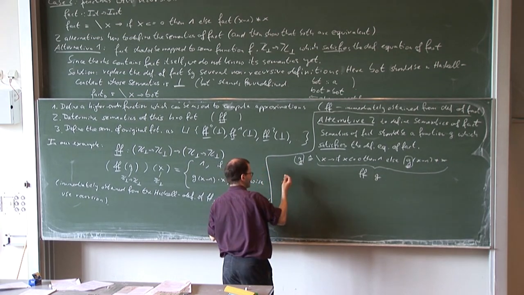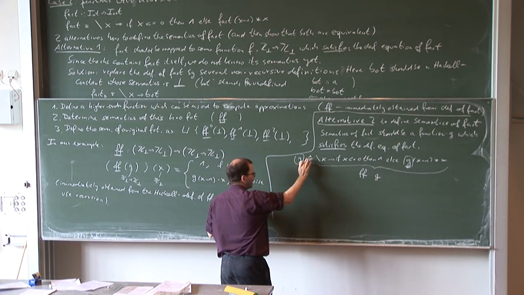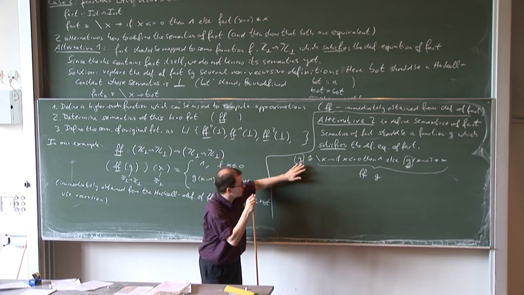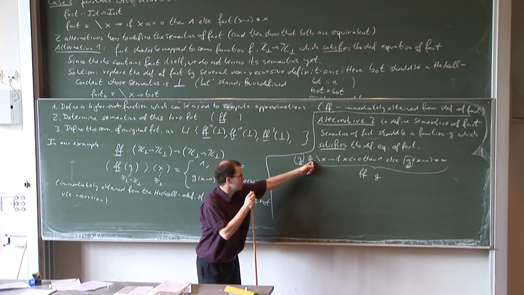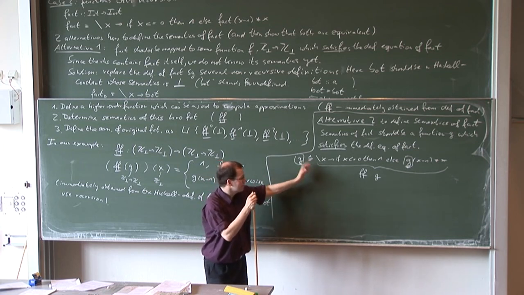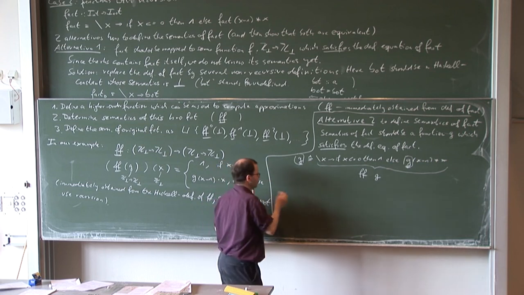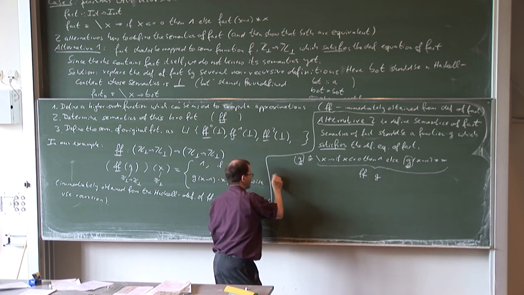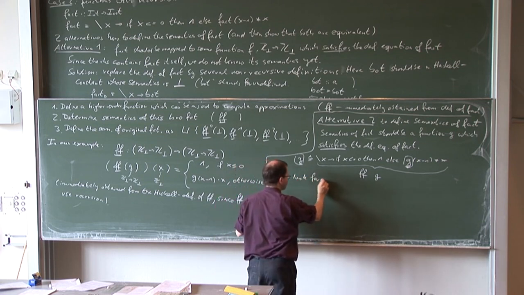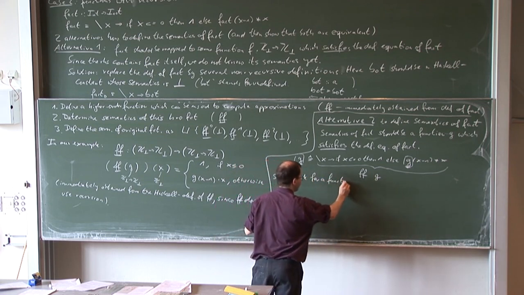Here again I write corresponds because this is again a not very precise mixture of syntax and semantics. So whenever this occurs, this is just for intuition. To make it more formal, we look for a function g.